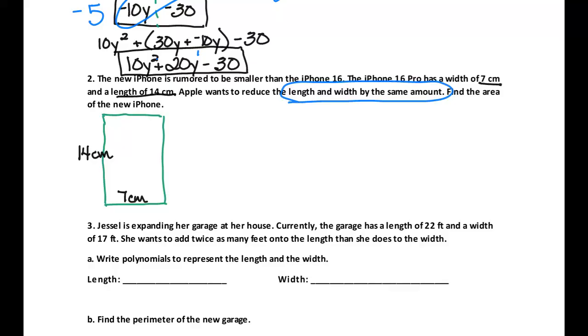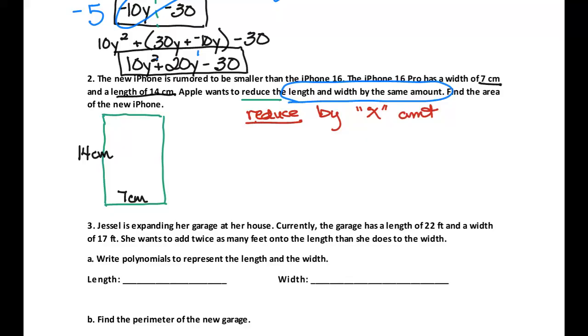Naima, do you know? If we don't know, how do we usually represent that? What is my unknown? Isn't that usually a variable? Yeah. So we are going to reduce by X amount.